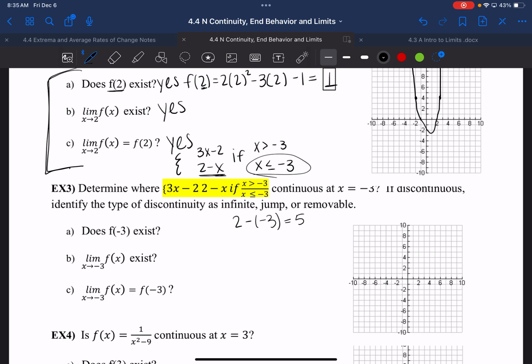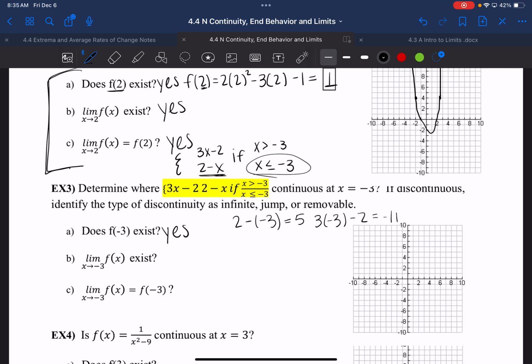Okay, so not any kind of undefined value there, right? And then here in this top function, I've got 3 times -3 minus 2, which would give me -1, right? So that one's not a weird number either, right? So we did get values for both of them. Okay, so my answer to does f of -3 exist would be yes, right? There are some values there.